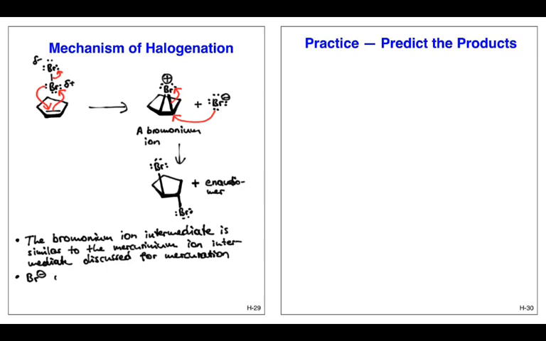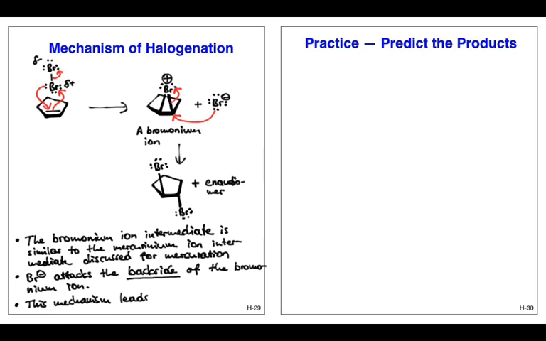Now, the important thing to remember is the Br minus attacks the backside of the bromonium ion. That leads to exclusive so-called anti-addition, where the two bromines end up on opposite sides of the double bond.